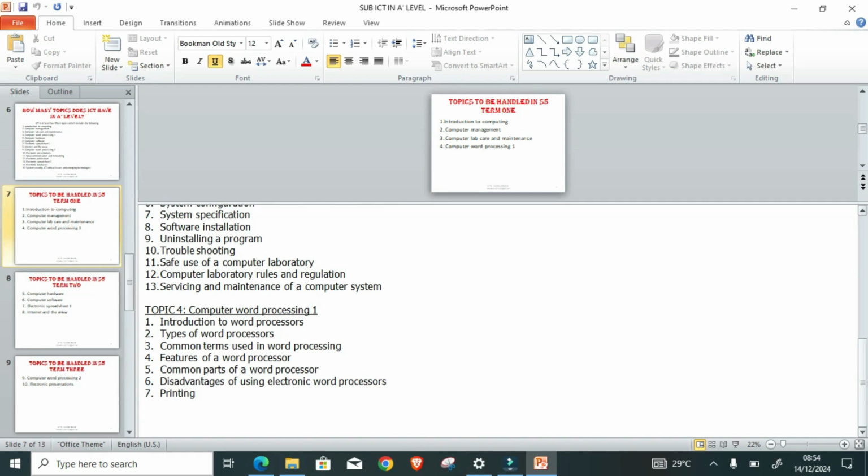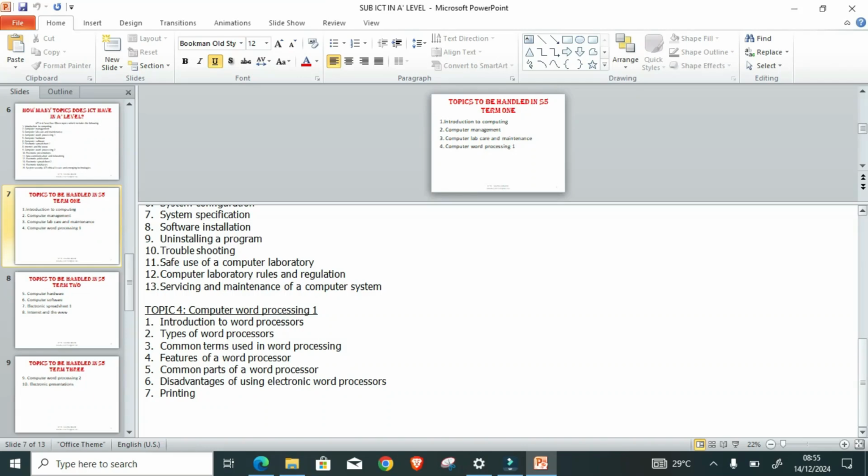Then in number 12, computer laboratory rules and regulations, and finally servicing and maintenance of a computer system. So those are some of the things we cover in topic 3, Senior 5 Term 1, and the topic is computer lab care and maintenance.